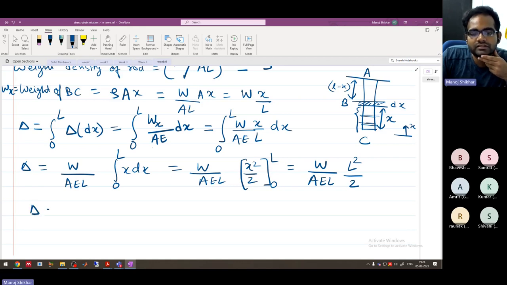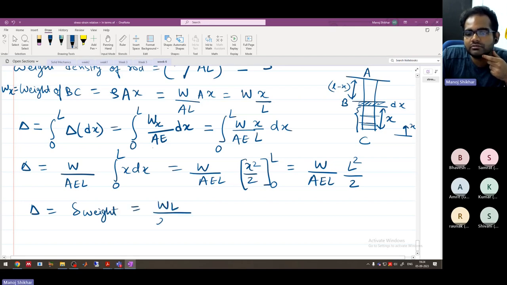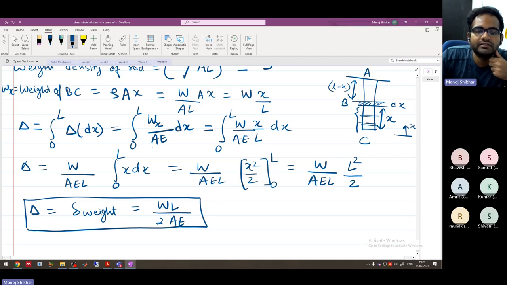So the total deflection, this is like delta weight, is WL by 2AE.